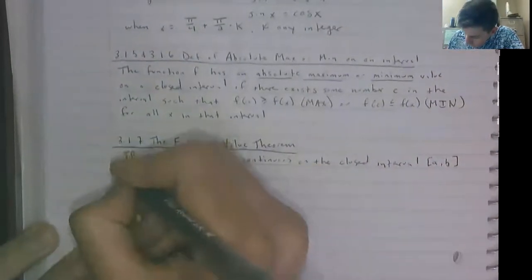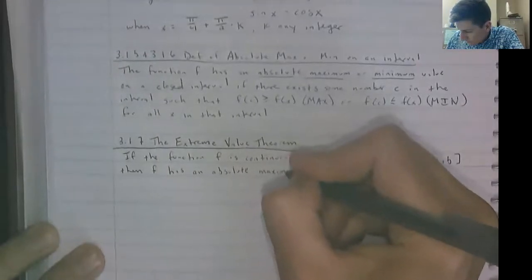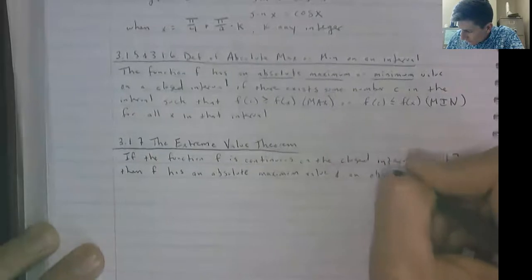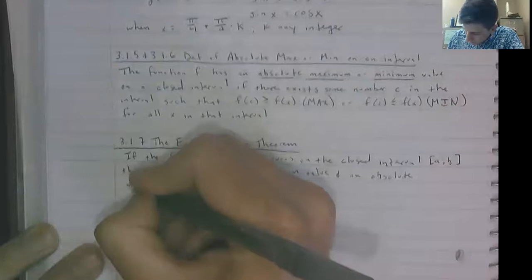Then f has an absolute maximum value and an absolute minimum value on a to b.